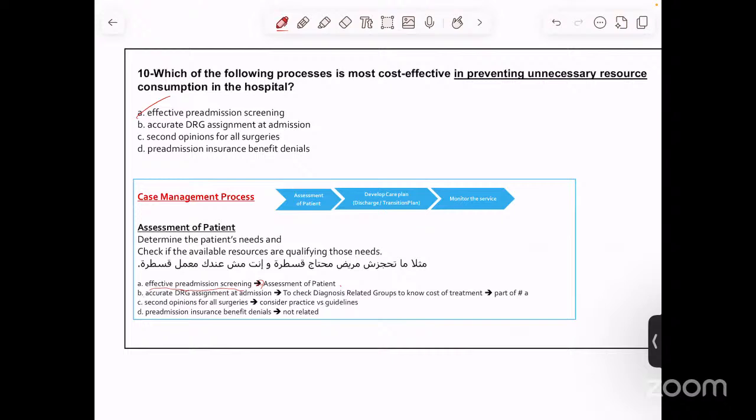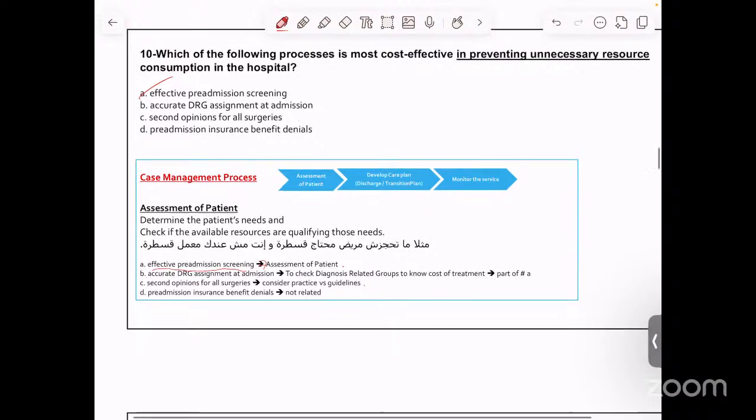For letter C, second opinions for all surgeries, this is to consider practice versus the guidelines. While letter D is incorrect because this is not related to preventing unnecessary resource consumption. Okay. Clear, Radha? Yes.